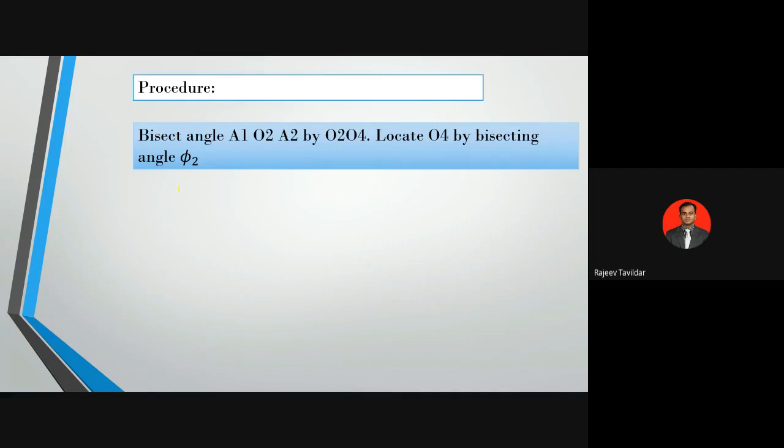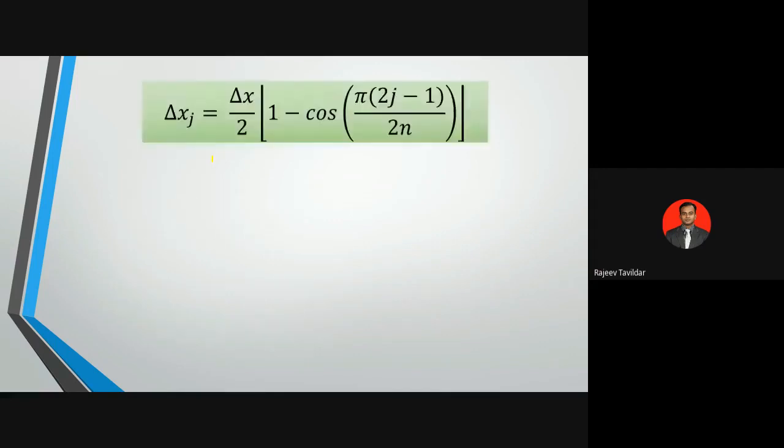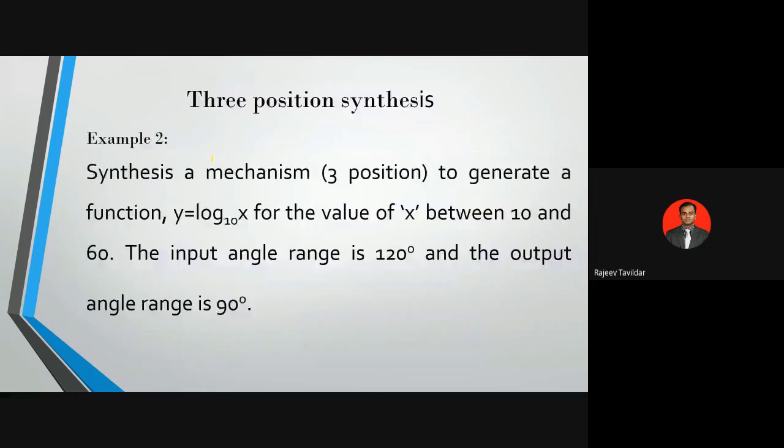The first point says that we need to bisect the angle A1 O2 A2 by O2 O4, and we need to locate O4 by bisecting the phi 2 angle. So it's based on the diagrams I have shown you initially. Sorry, I'll just show you.